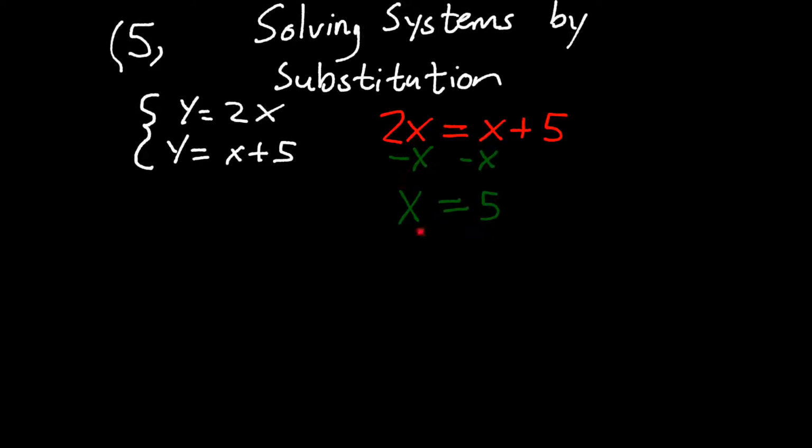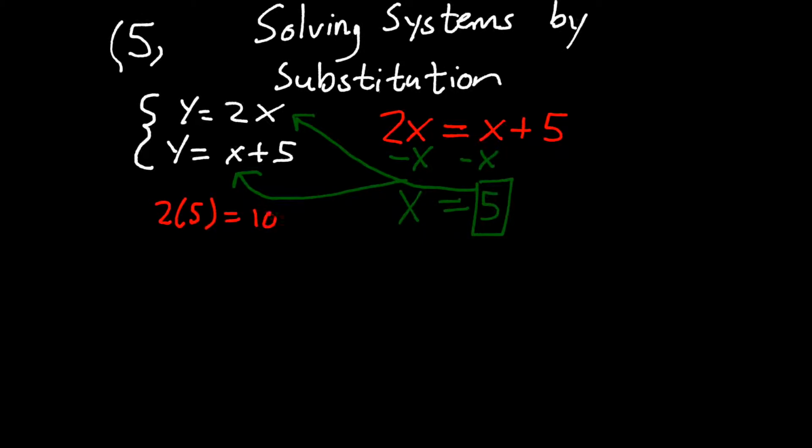Now I can take this x equals 5, this solution, and I can substitute this into either one of our original equations. It doesn't matter which one we use. It'll give us the same answer anyway. If I put it into the top, I would have 2 times 5, which is 10.